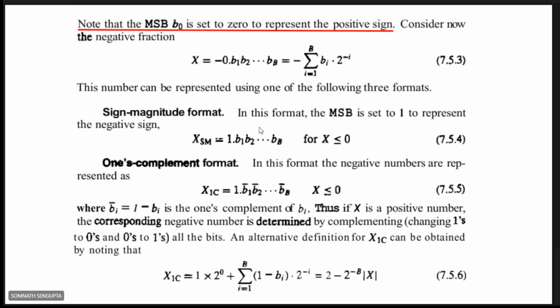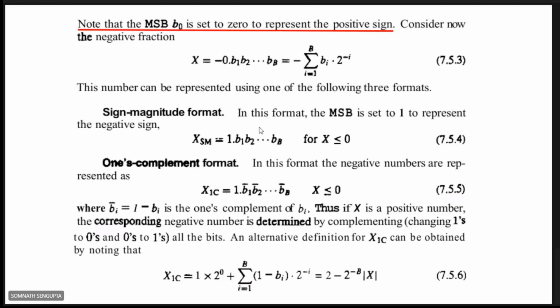If it starts with 0, then it represents a positive number. And if your number is 1 point b1 b2, where in place of b1 b2 many bits may be there, like 1110, whatever it is, then it represents a negative number.